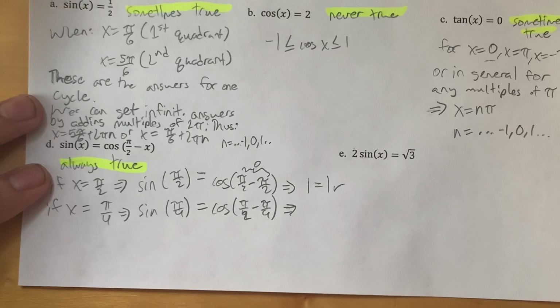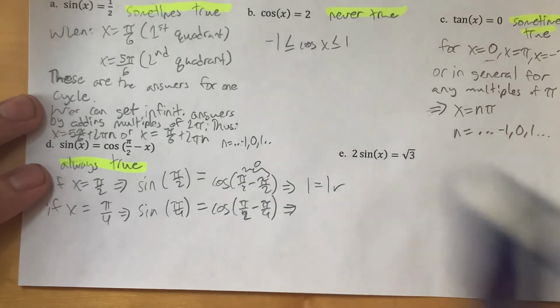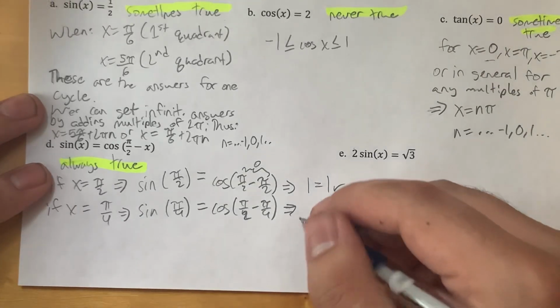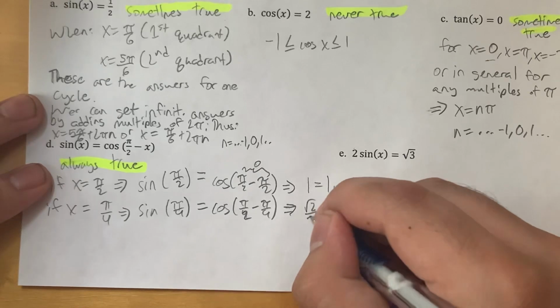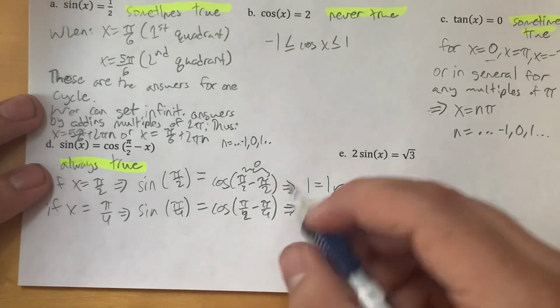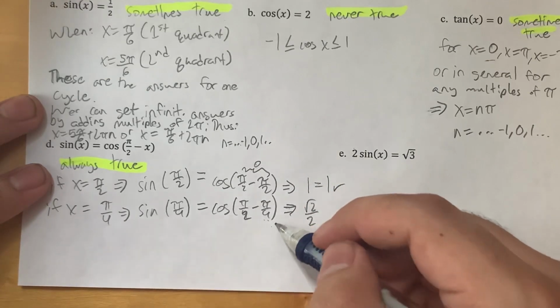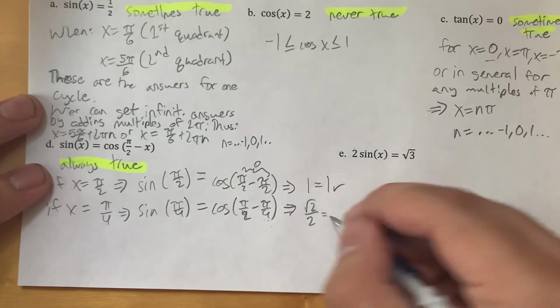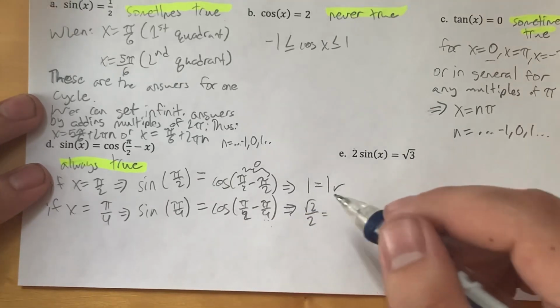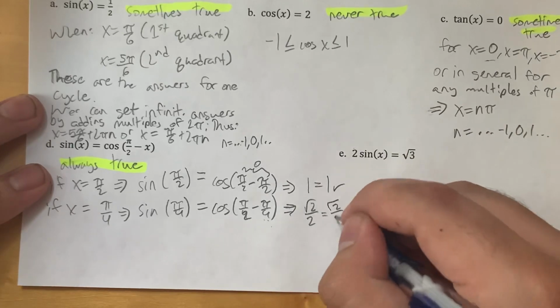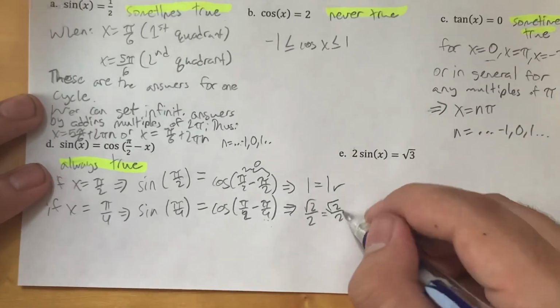Never mind. So we're going to get, but they're both going to be in quadrant 1, the square root of 2 over 2. Right? And that checks out as well.